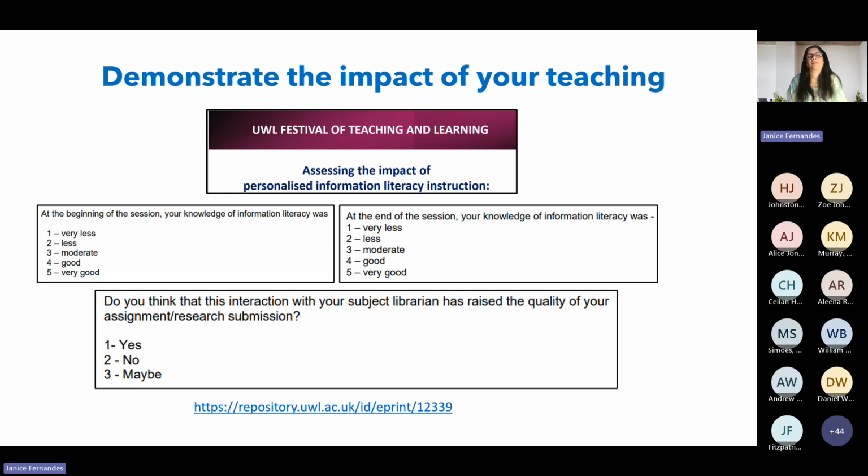There was a research project that I did, and I presented at the UWL Festival of Teaching and Learning, where I was assessing the impact of personalized information literacy instruction. And I asked students how they felt about information literacy at the beginning of the session, at the end of it, and whether that interaction with their subject librarian had raised the quality of their assignment.